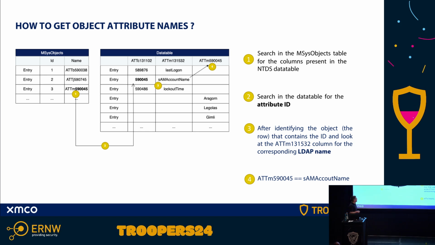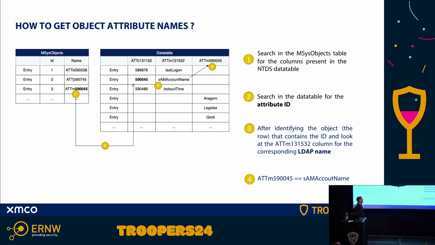As we said before, the column names are abstract. So the first thing to do is to go to the MSysObjects table. And inside it, you have all the column names of your data table, so you can grab the ID of the columns. And in the data table, you have an attribute ID column that helps you identify, on the same line, the LDAP name.